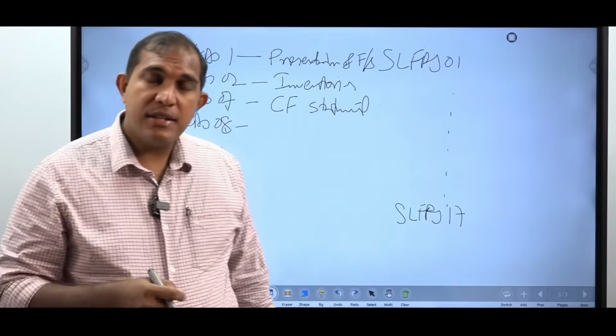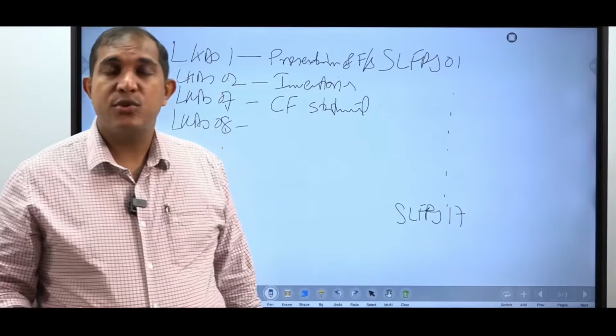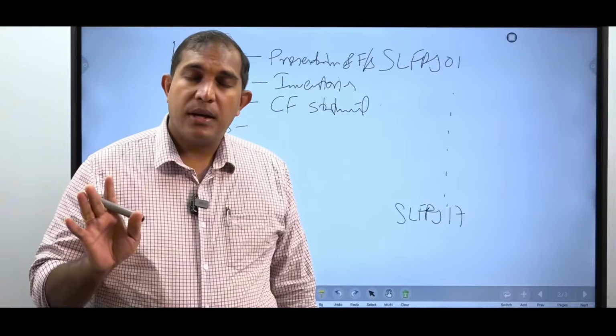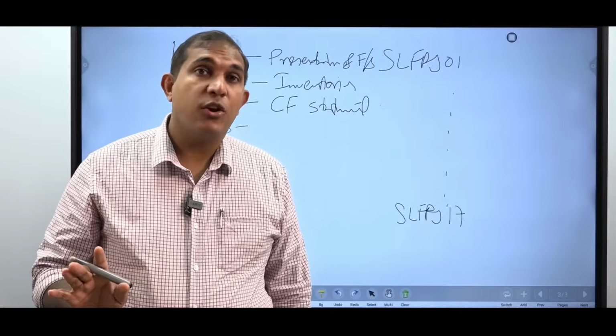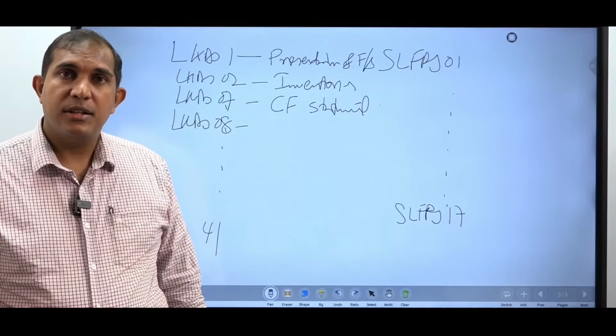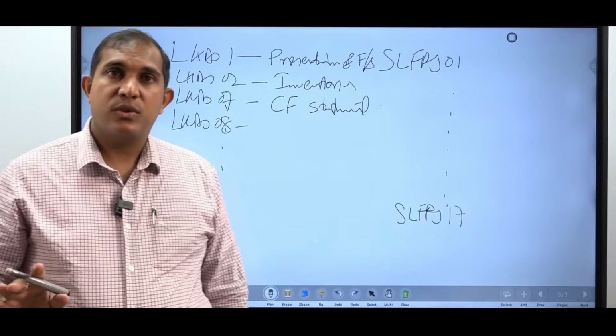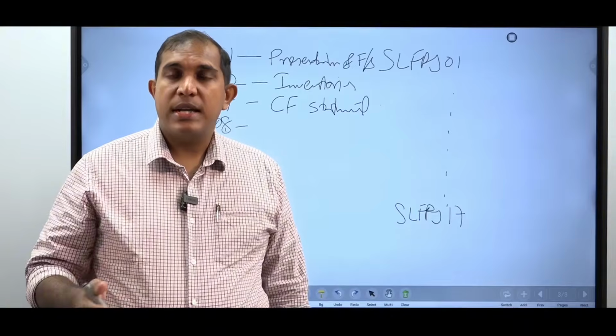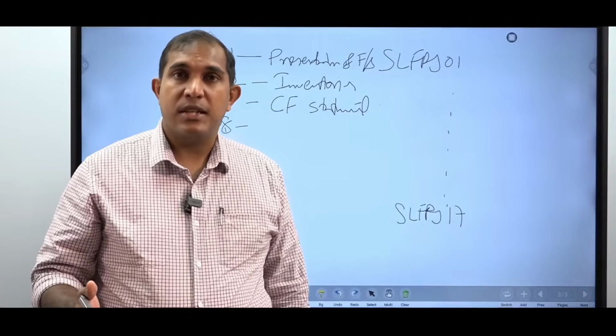LKAS 28, accounting for associates and joint ventures. LKAS 29, accounting for hyperinflationary economies. LKAS 30, not in the list. LKAS 31, not in the list. LKAS 32, financial instruments presentation.